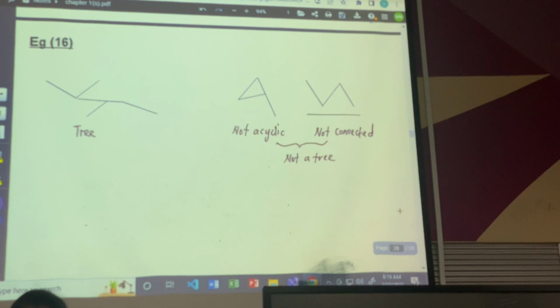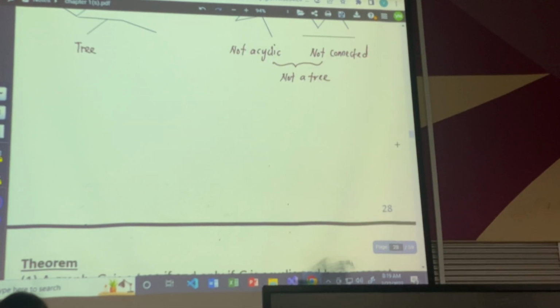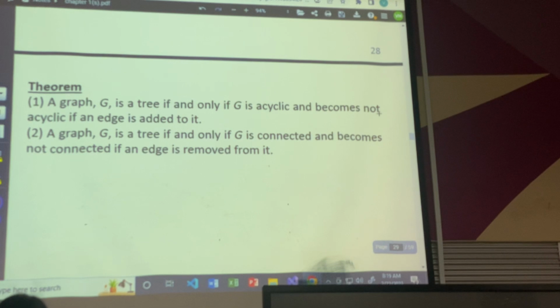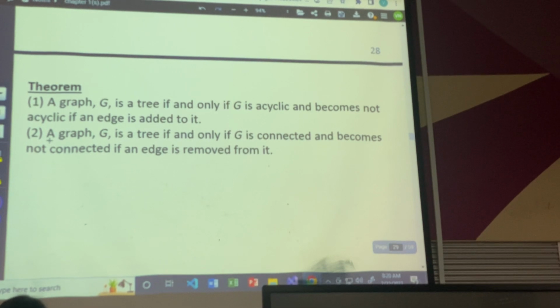So after you have known these two, now we go to the theorem again to define acyclic and connected. They say that a graph is a tree if and only if the graph is acyclic. Originally the graph is acyclic, meaning no cycle, so it is a tree, and it will become not acyclic if you add in one edge to the graph.